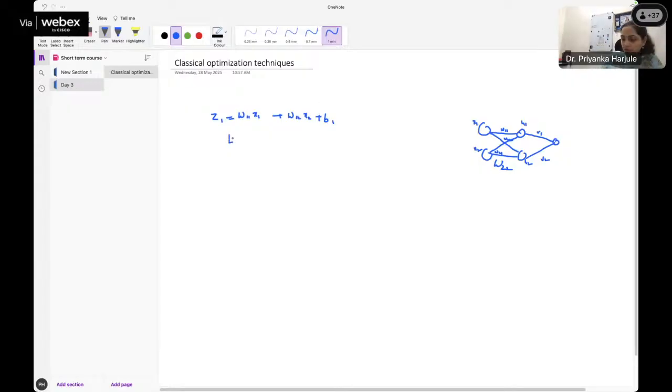Similarly, you will have Z2, that is W12 X1 and W22 X2.